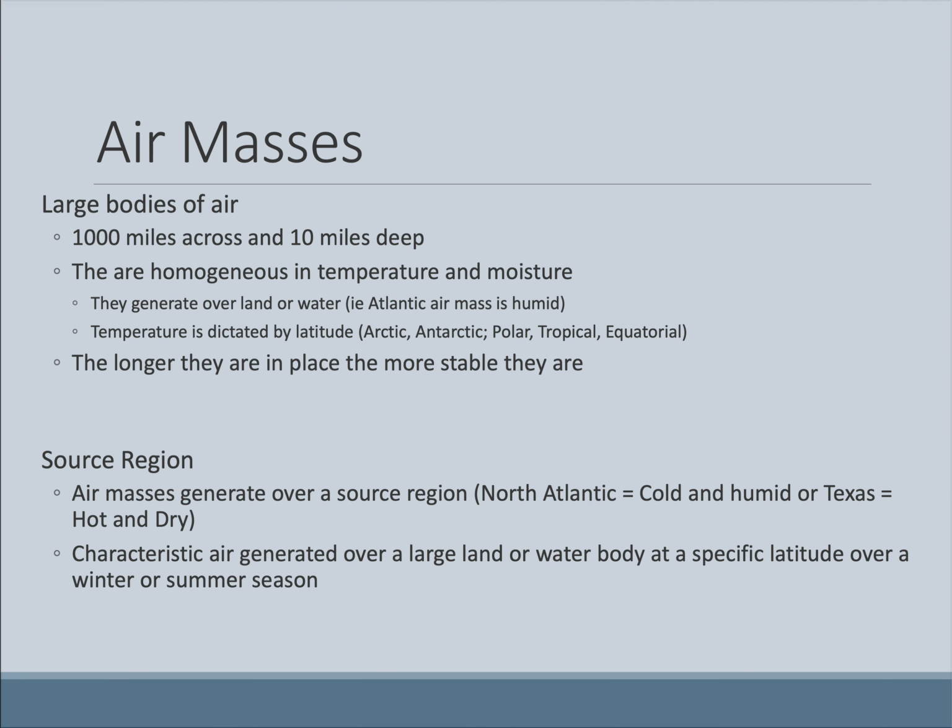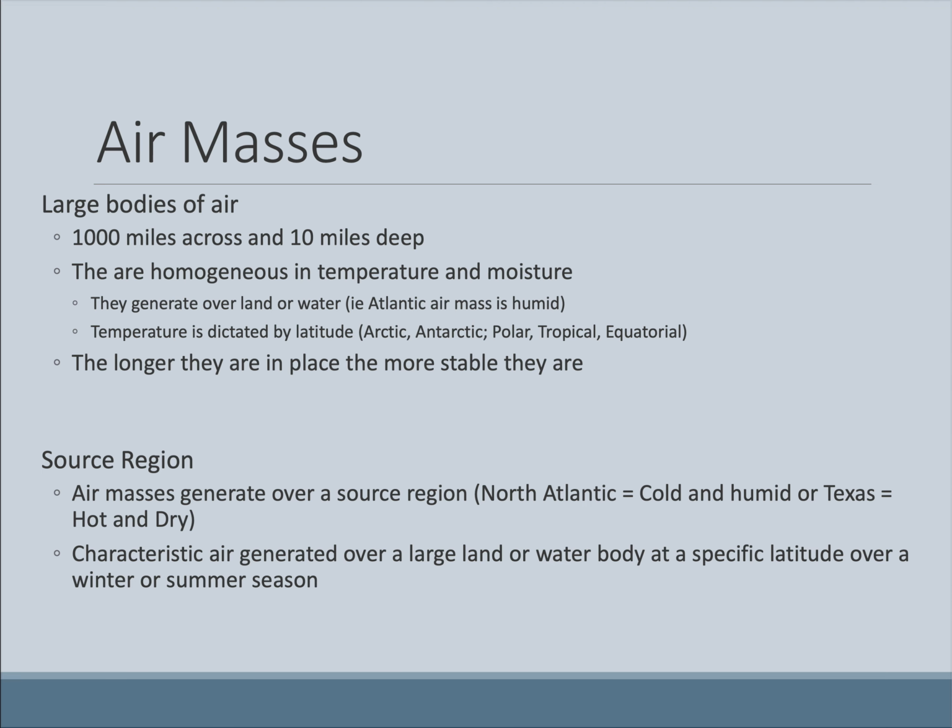So by the time we've moved through spring, we have eroded the winter air masses, and we're growing the summer air masses. So from June through August, September, the air masses for the summer are getting larger and larger and more stable for the northern hemisphere.